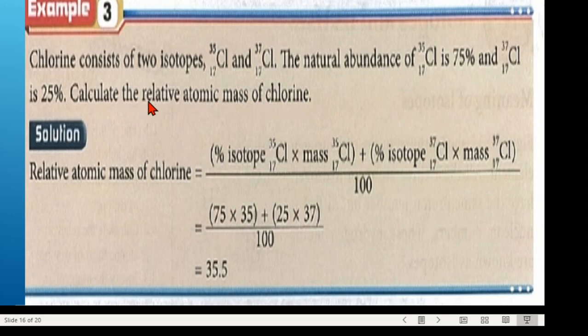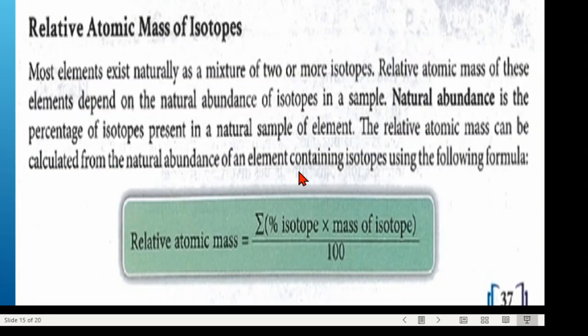We want to calculate the relative atomic mass of chlorine based on the natural abundance of the isotopes. Okay, so we use the formula given just now. You add the percentage of natural abundance of the isotope times the mass of the isotope, then you add the sum and divide by 100.